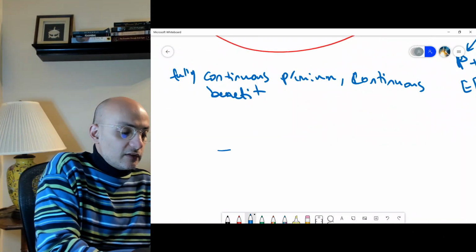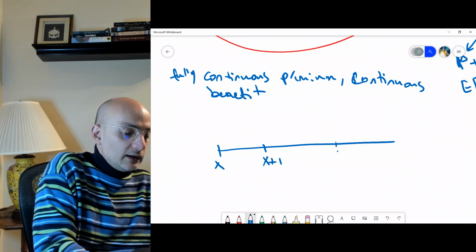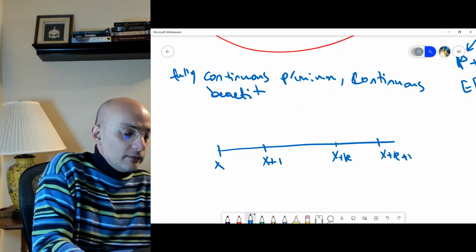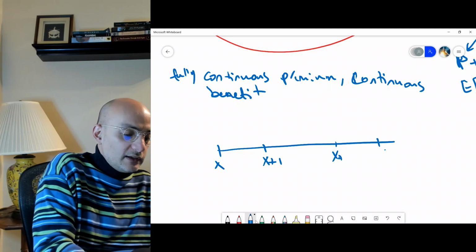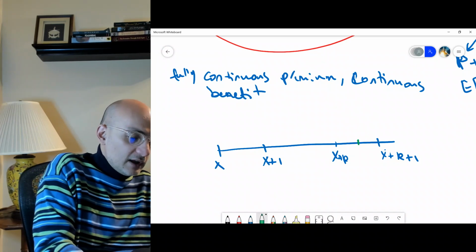Same logic, the same way we draw it. We have x plus 1, then here x plus k, x plus k plus 1. What happens is death happens here at time t.